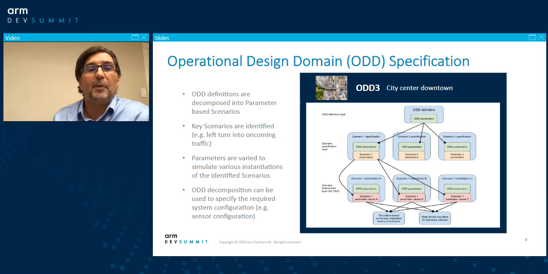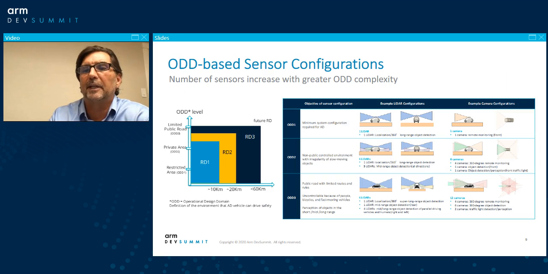So for example, the recognition of pedestrians, traffic lights, and oncoming traffic at various speeds will all have implications on the number of sensors, the quality of the sensors, and the processing that's required to address all of that information coming into the autonomous vehicle application software.